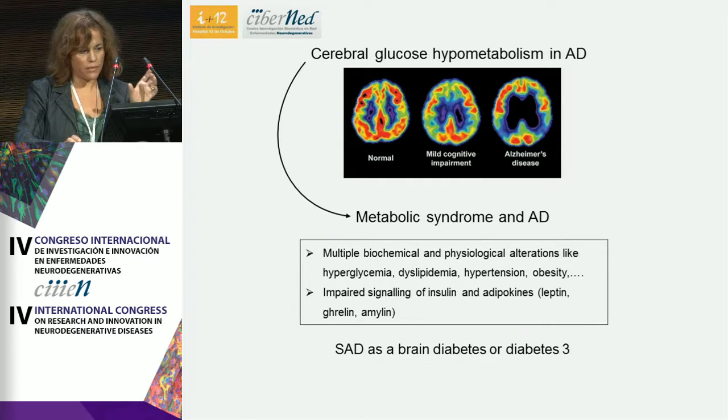One of the earliest alterations in Alzheimer's disease is reduced cerebral glucose utilization, as we can see by PET imaging. In fact, this technique is currently used as an Alzheimer's disease biomarker. There are multiple factors or causes that may be involved in this cerebral glucose hypometabolism.